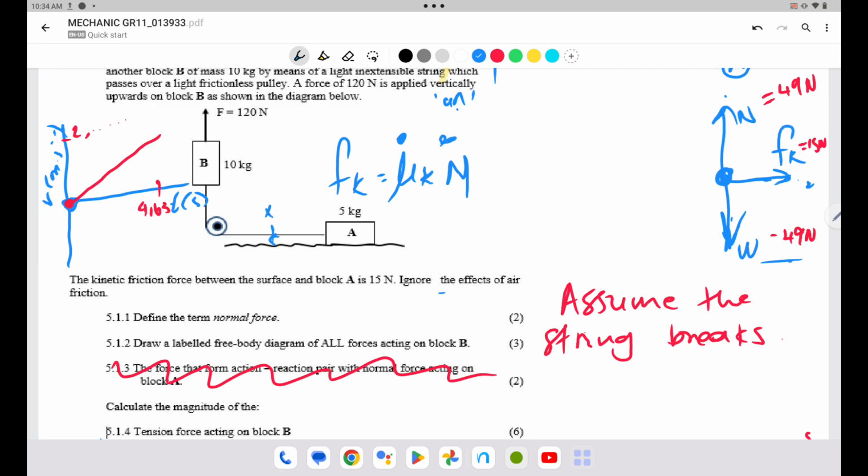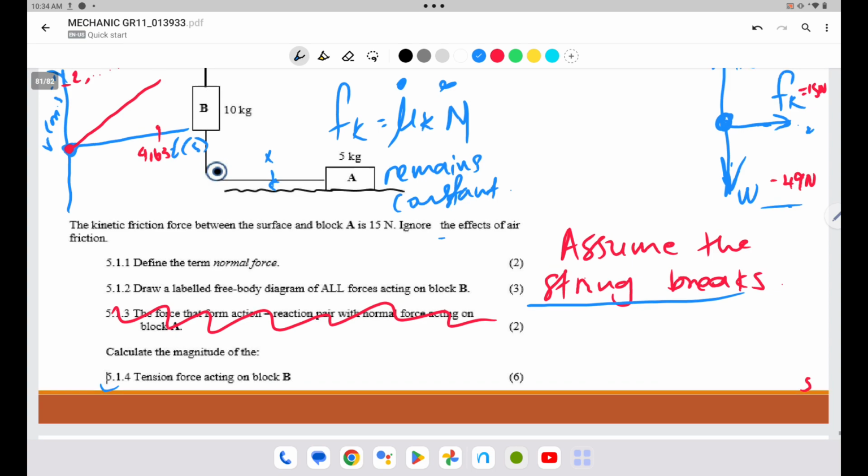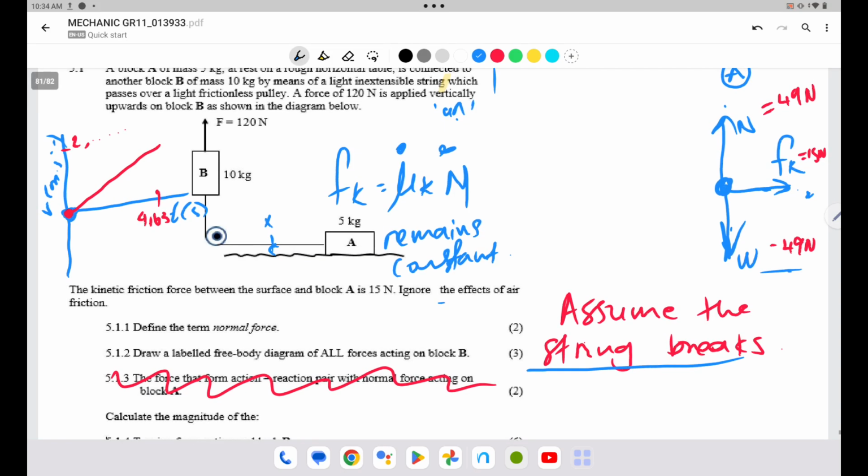So if the string breaks, Fk will remain constant. Perhaps the question might also be, what will happen to the velocity of the block? Okay, let us consider that case.